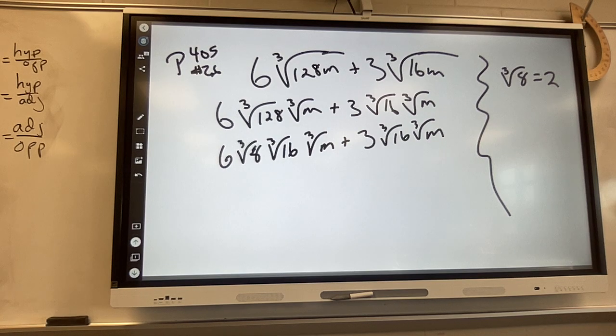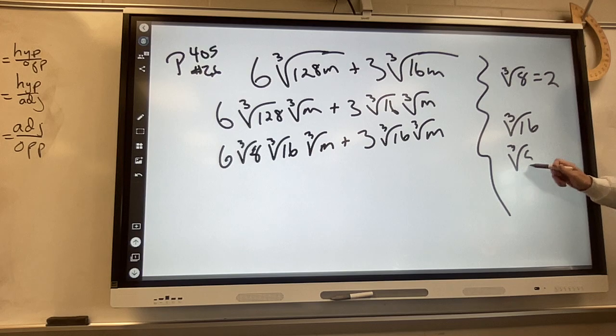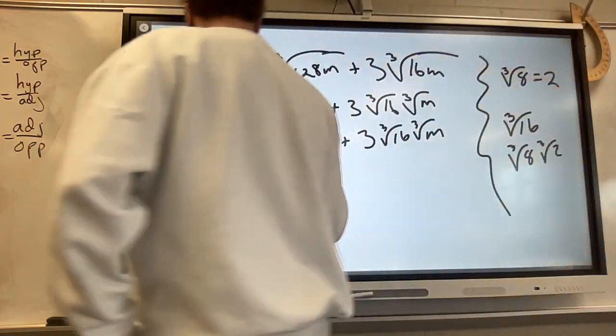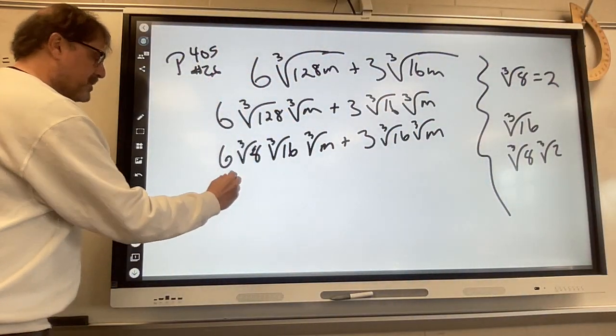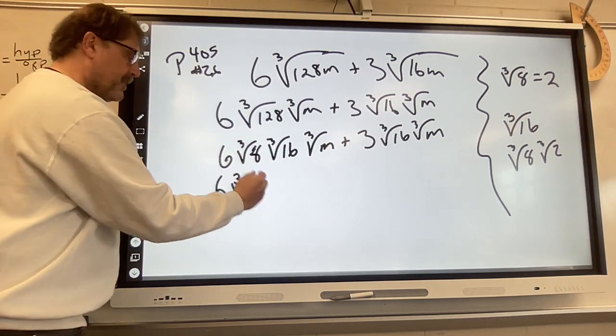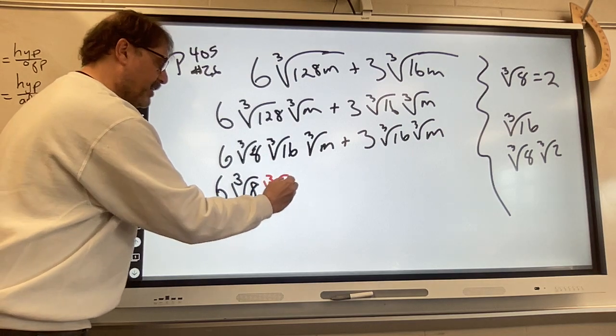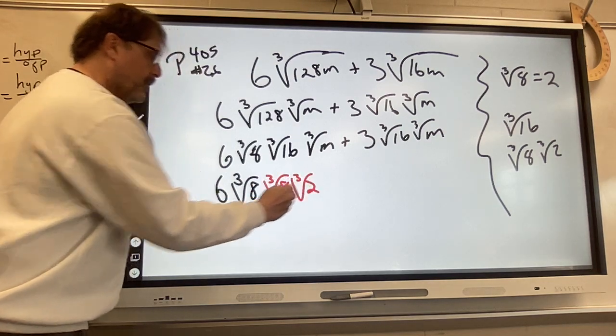But how about these cube roots of 16? Can a cube root of 16 break into a cube root of 8 and a cube root of 2? Say yep. So here we go. This is the 6. That's the cube root of 8 that was there before. It's going to soon become a 2. This 16 is going to become a cube root of 8 and a cube root of 2.